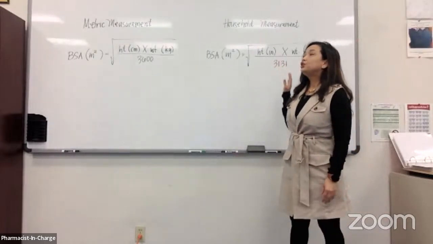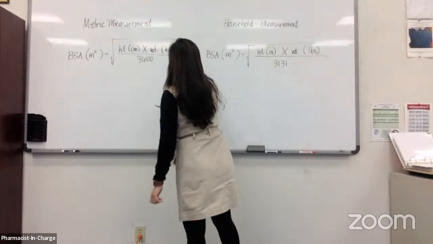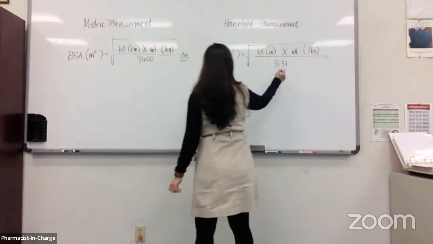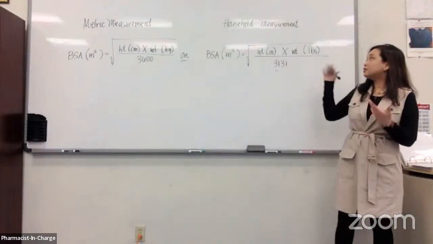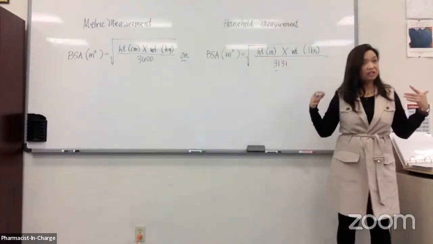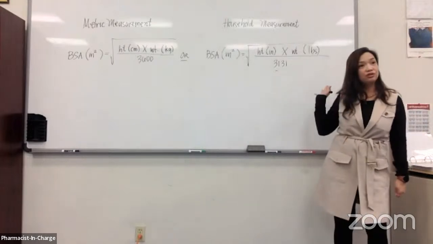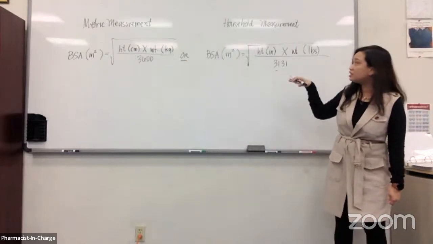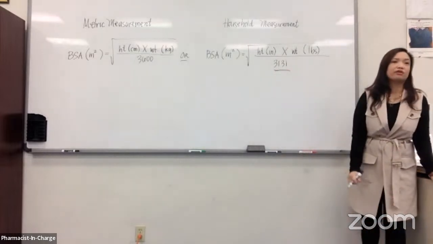Okay, you may use either one. But you have to remember basically your denominator. If you like to use the household measurement, because that's what we use here in the US, it's in pounds, in inches, then you got to remember that your denominator should be 3131.